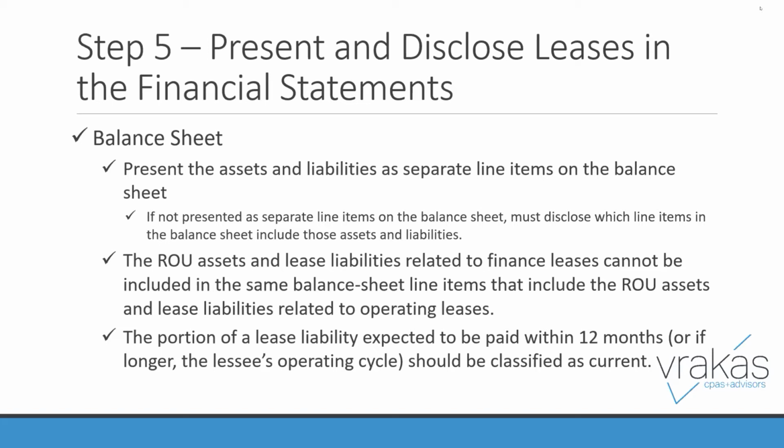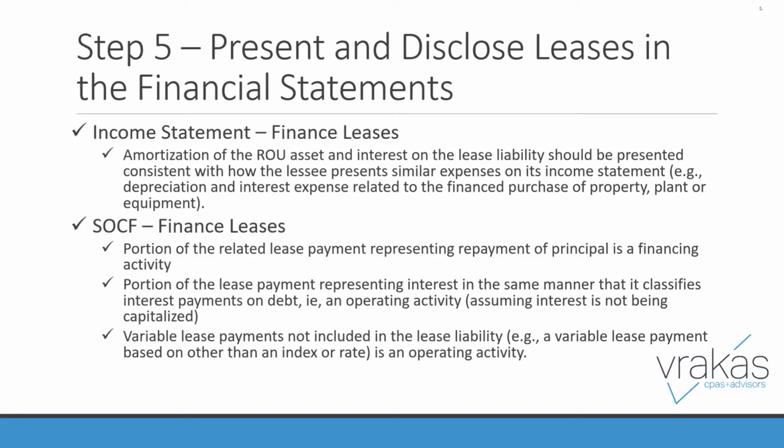Okay, so that's presentation on the balance sheet side. We also went over the presentation on the income statement side, but for a finance lease, you're going to have that amortization expense and the interest expense. And you would present those similarly to how you currently present amortization or interest expense on your financial statement. And on the statement of cash flows, it's going to be very similar to the current capital lease model.